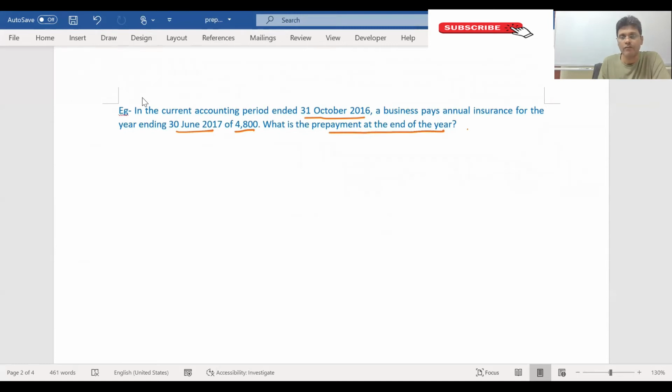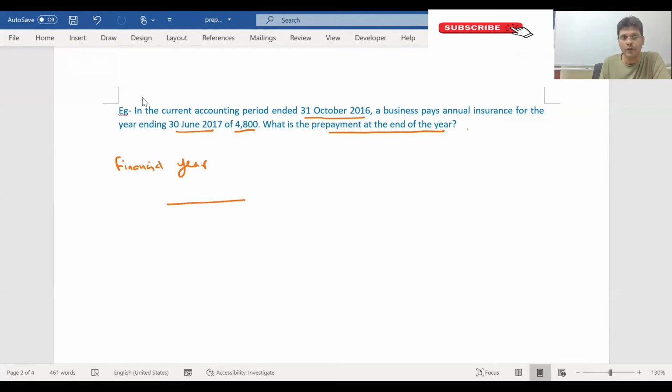Okay, so first and foremost, you identify the financial year. So what is the financial year? The current accounting period ended 31st October 2016.